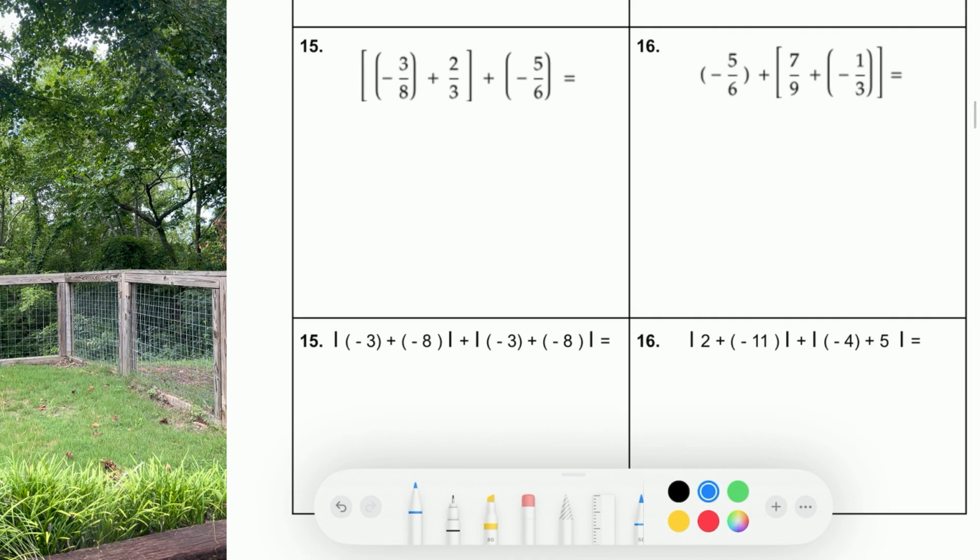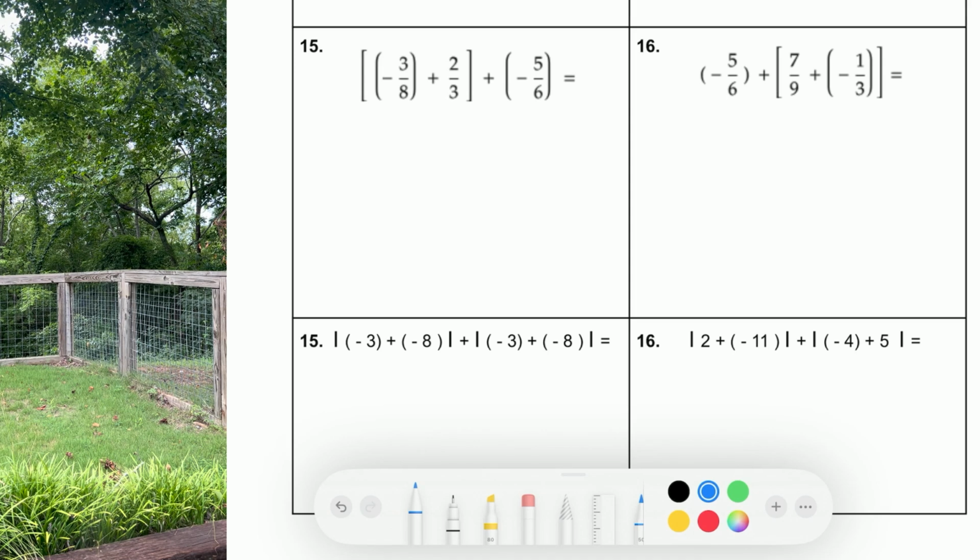Looking at number 15, we have 3 different fractions here. We need to get common denominators of our first 2 fractions that are in the brackets together to see if we can combine them. The denominator that I'm thinking about working with is 24, because 8 goes into 24 evenly, 3 goes into 24 evenly, and so does 6, the future fraction that we're going to be working with.